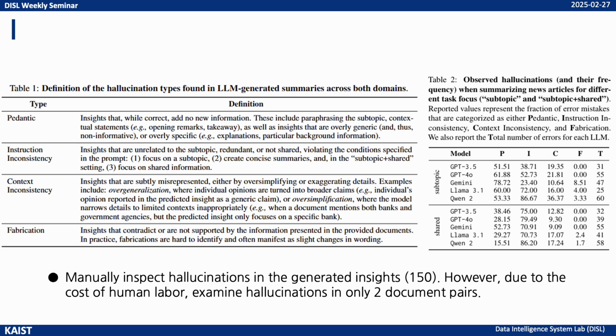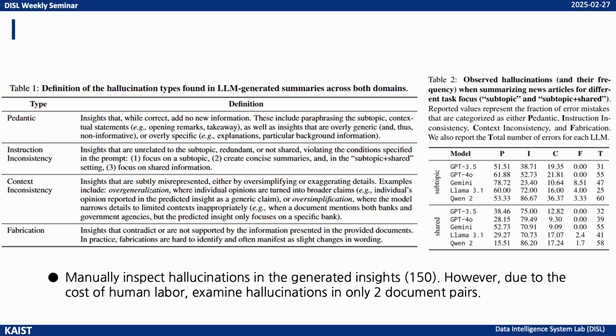The third one is context inconsistency, which means the summary misinterprets certain details provided in the document. The last one is fabrication, which contradicts or is not supported by the information presented in the provided document.